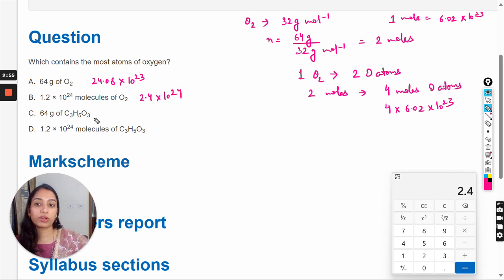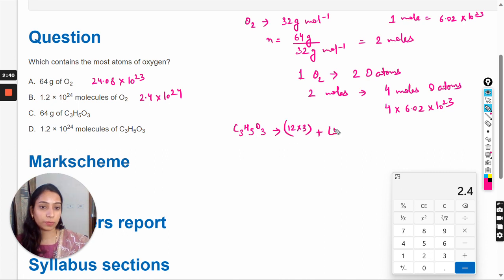Next is 64 gram of this molecule. If we want to calculate the molar mass of this molecule, the atomic mass of carbon is 12, hydrogen is 1, oxygen is 16.